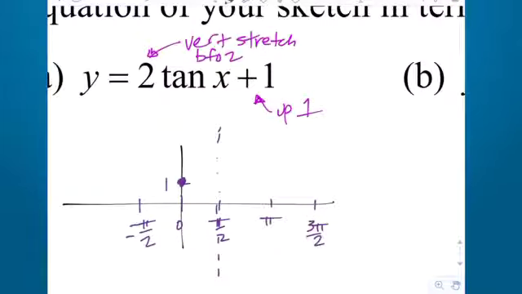So then the next one will be pi halves vertical asymptote, and then pi comma 1 is another inflection value, 3 pi halves vertical asymptote, and then negative pi halves would be a vertical asymptote. I'll throw one more in here, negative pi, and that would be a vertical asymptote.